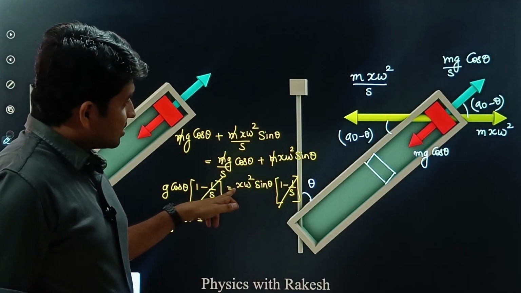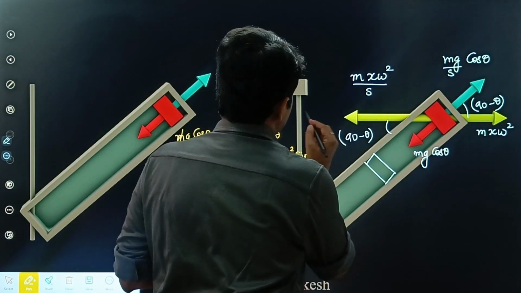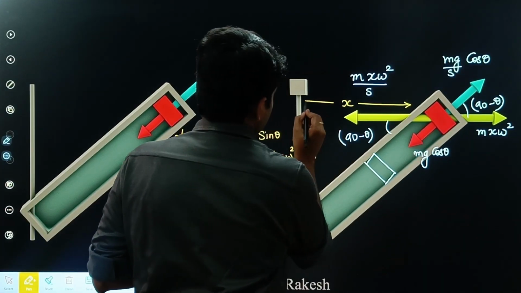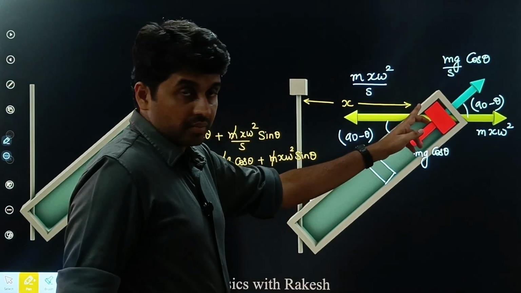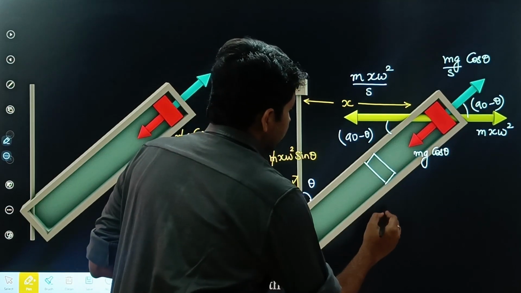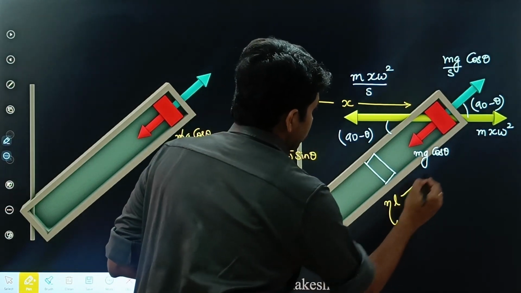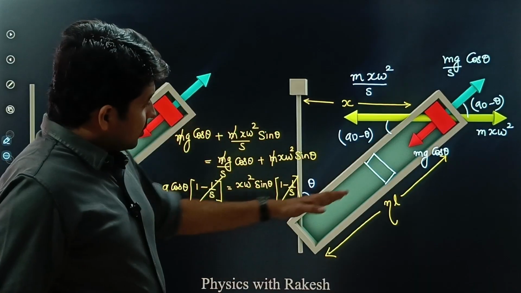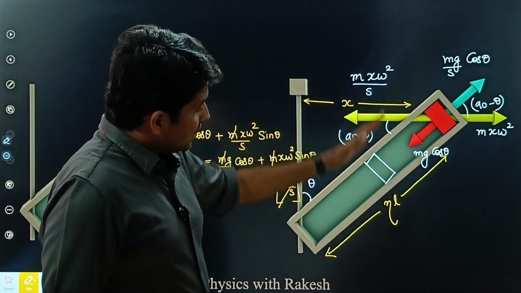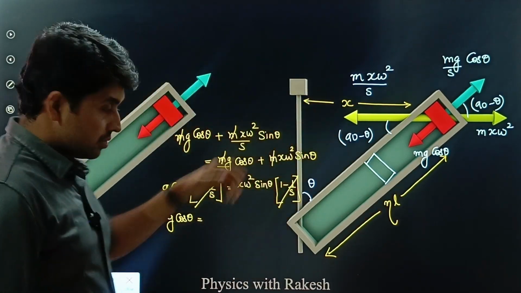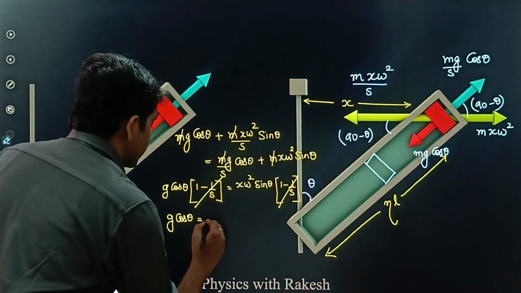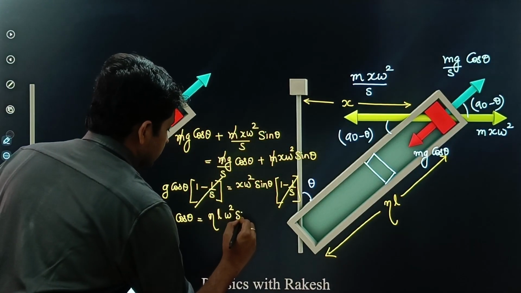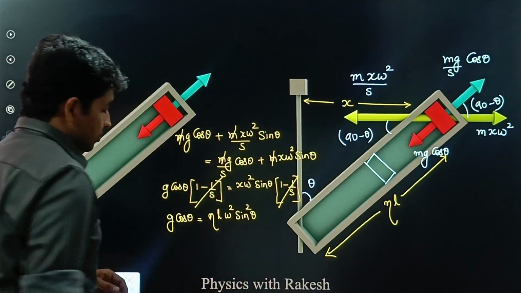See, what does this x tell me? This x is this. And if this is eta, he has given this as eta L from here to here. So if this is eta L, this x will be eta L sin theta. So I can just write this as eta L omega square sin square theta.